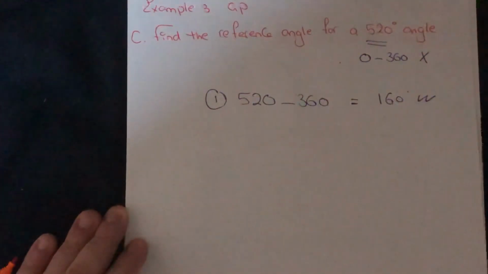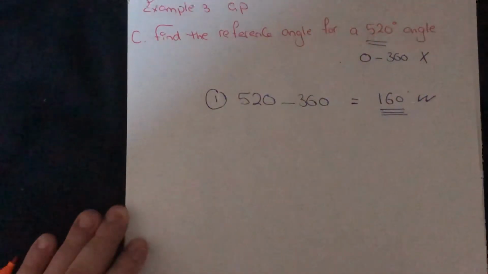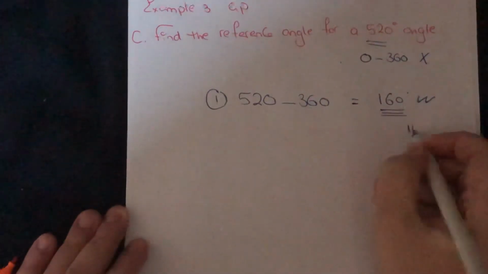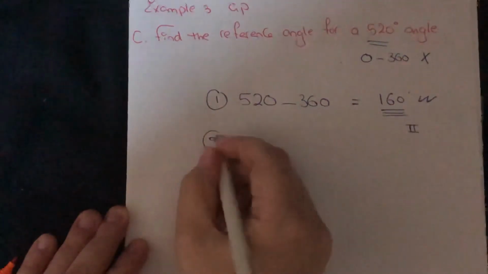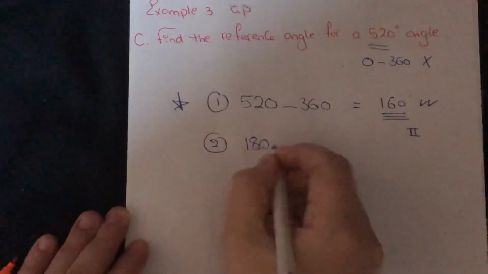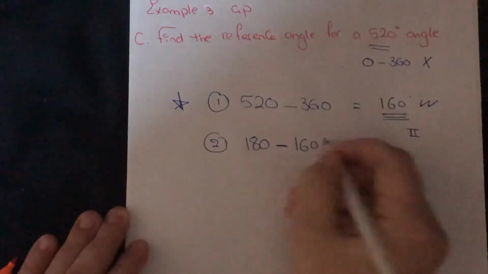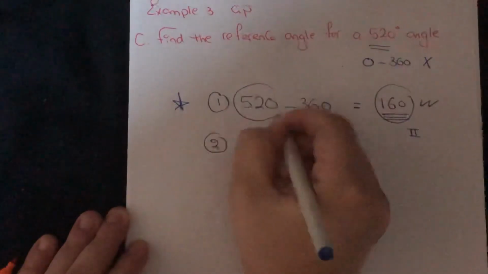So 160 degrees lies in which quadrant? It lies in quadrant 2. In quadrant 2, what was the rule? It was 180 minus theta, and my theta here is 160. 160 is the same as 520.